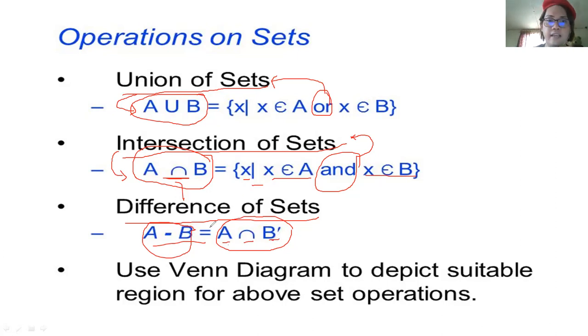These are the symbols and definitions that we need to remember in the operations on sets, and I hope you will remember the symbols used to describe the operations on sets.